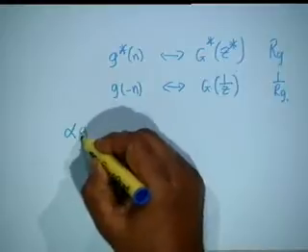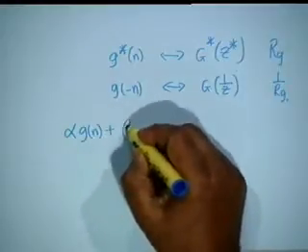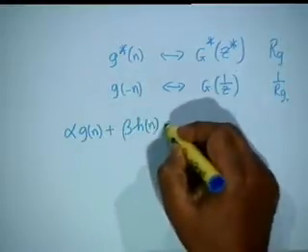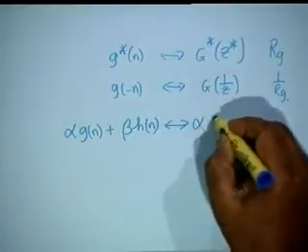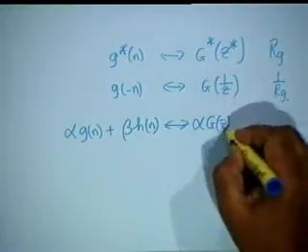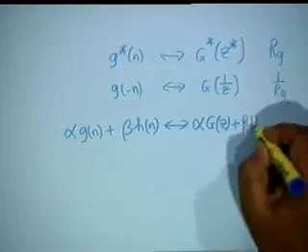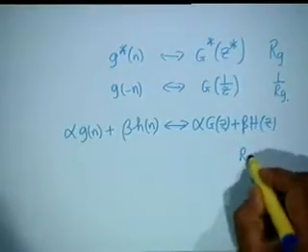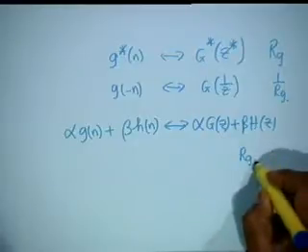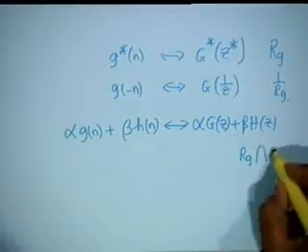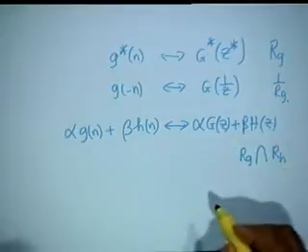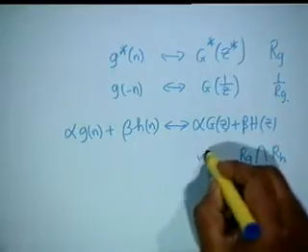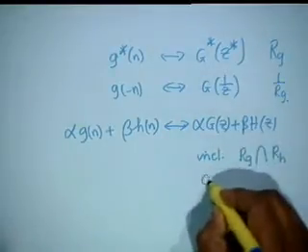Then alpha g of n plus beta h of n, the Z transform was alpha G of Z plus beta H of Z, and the ROC includes the intersection of Rg and Rh, but it can be wider.